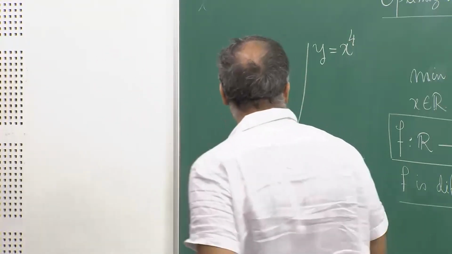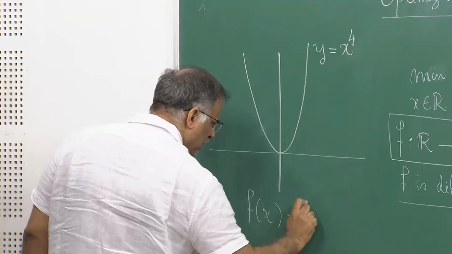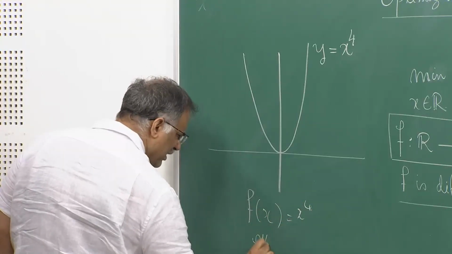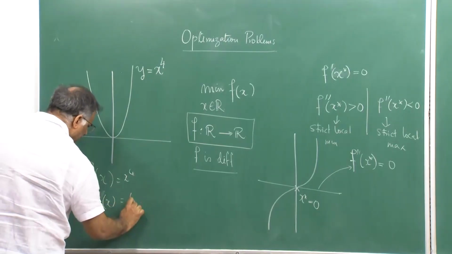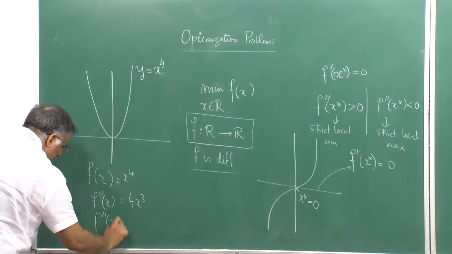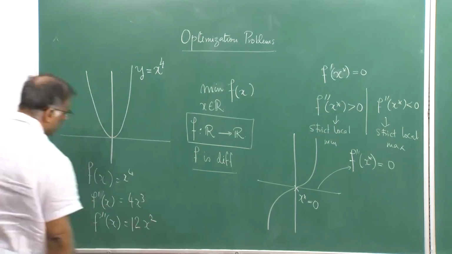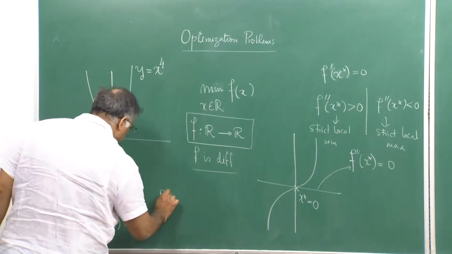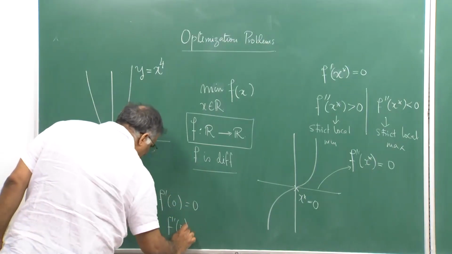So f dash of x is 4x cube and f double dash of x is 12x square. So f dash of 0 is 0, f double dash of 0 is 0.